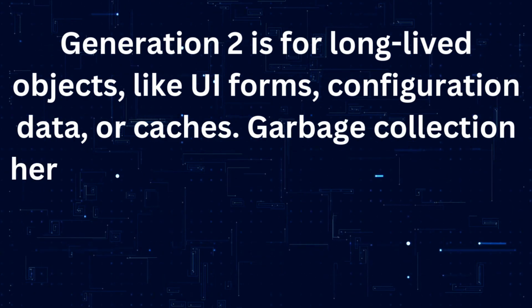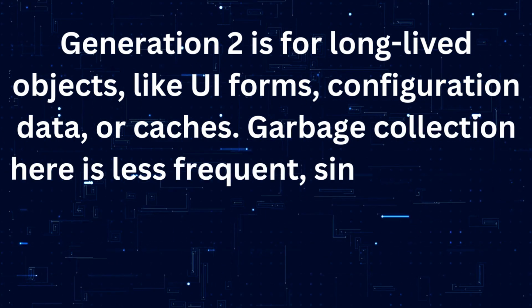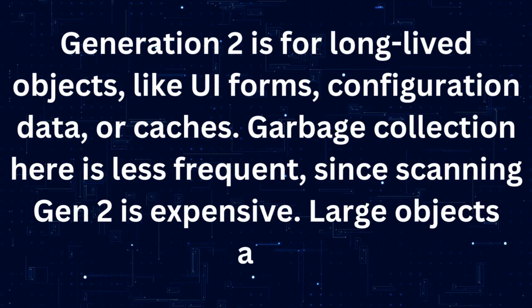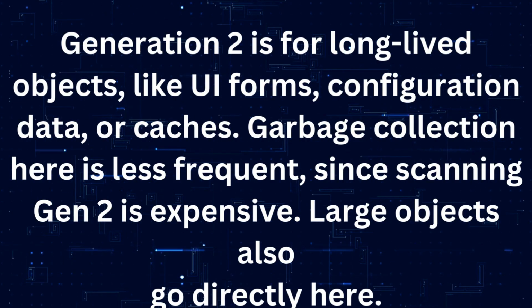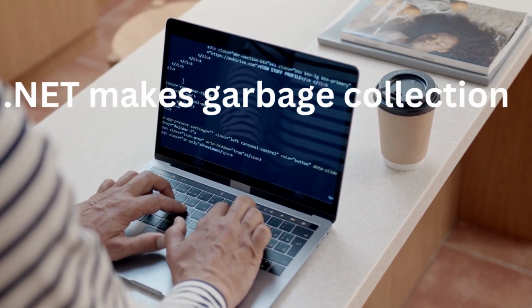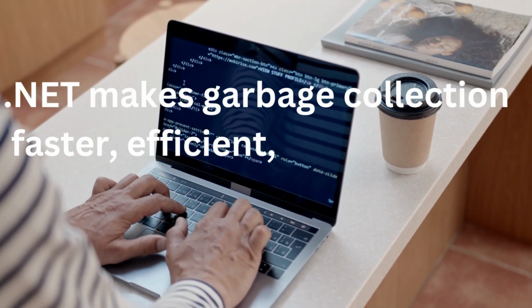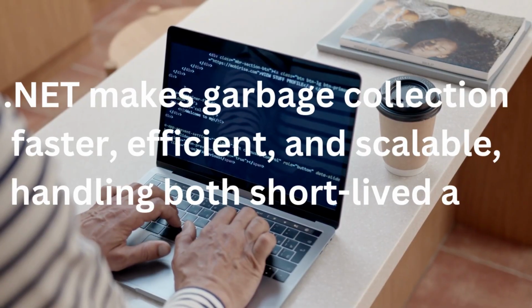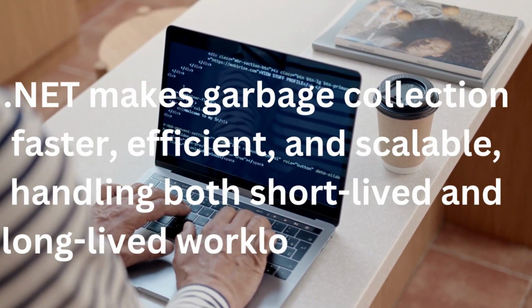Garbage collection here is less frequent, since scanning Gen 2 is expensive. Large objects also go directly here. By focusing collections mostly on Gen 0, .NET makes garbage collection faster, efficient, and scalable, handling both short-lived and long-lived workloads smoothly.